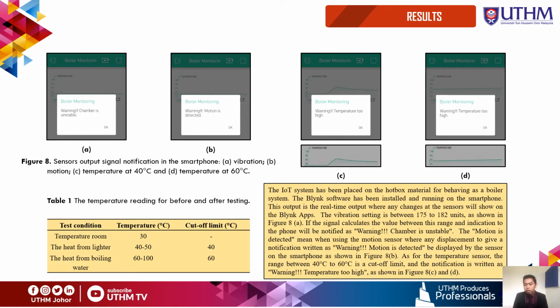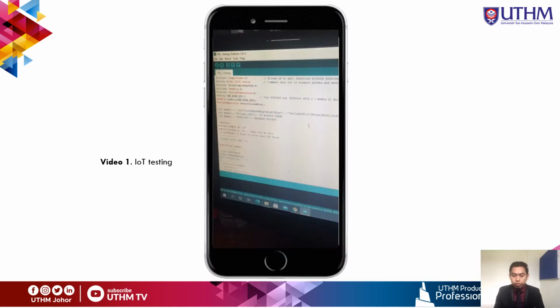It also happens with the motion sensor, where the unstable mechanical chamber produces motion, and the motion is detected and the notification of the motion is also shown on the smartphone. And whenever there is a failure, the cut-off button is used to shut down the operation.